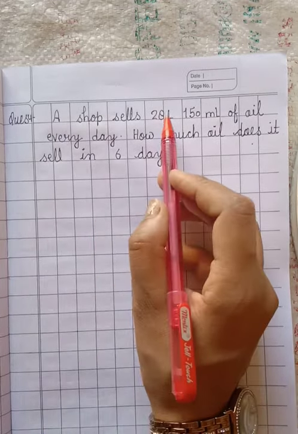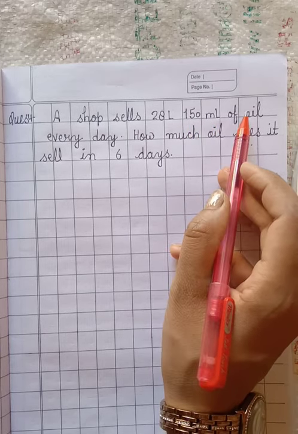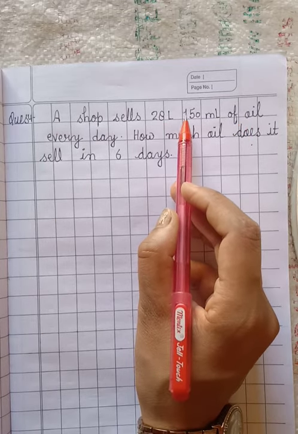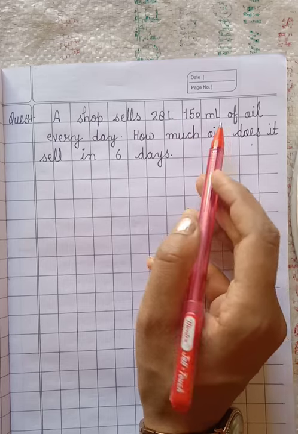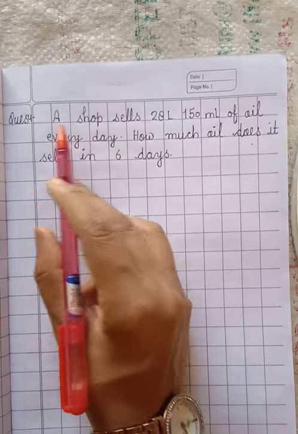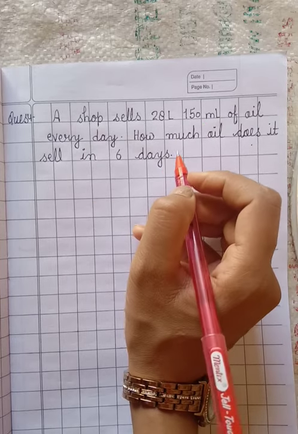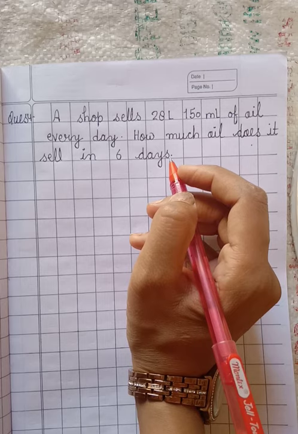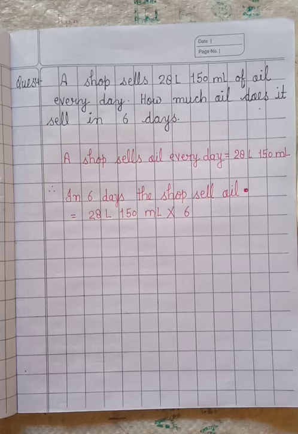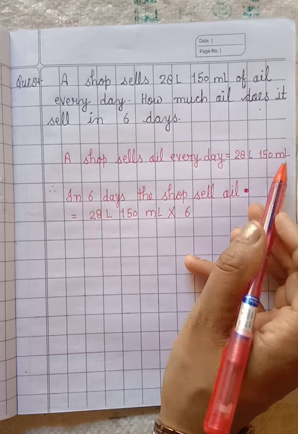Now the last question of your homework, question number 4. A shop sells 28 liter 150 milliliter of oil every day. एक shop है जो कि कितना oil sell करती है, 28 liter and 150 milliliter every day. How much oil does it sell in 6 days. In this question what we have to do, yes, we have to do multiply. So here you can write, a shop sells oil every day is equal to 28 liter 150 milliliter.